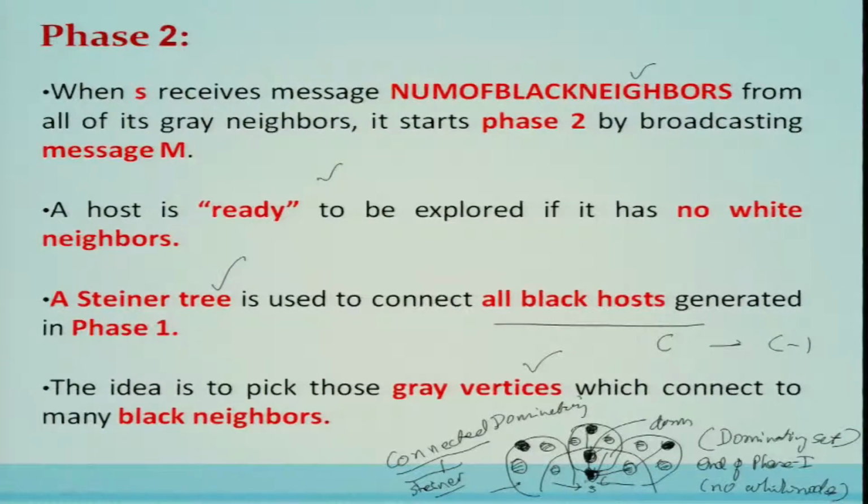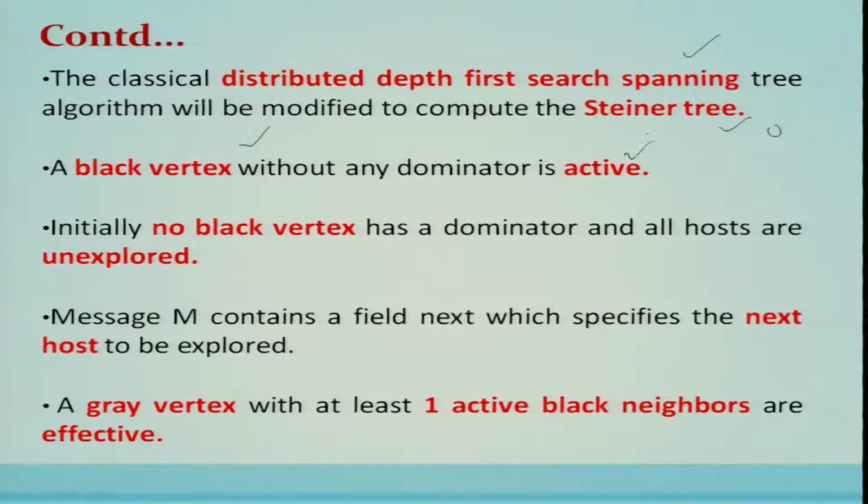So these two blacks will have a dominator. Now at the end of phase 1, these black nodes do not have dominators. If they do not have dominators, then they are active. So all the black nodes that do not have a dominator become active. Initially no black vertex has a dominator and all the hosts are unexplored, after the end of phase 1.